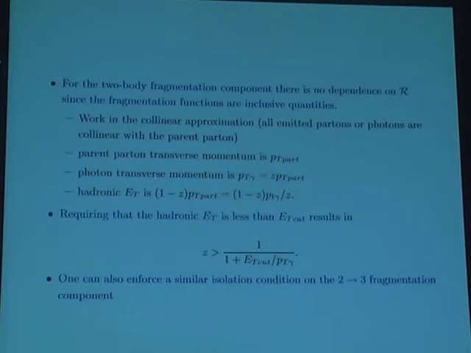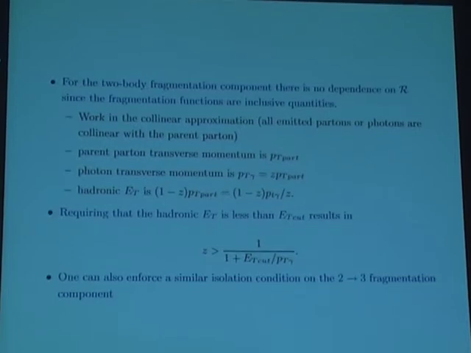I've outlined what you do here. The reason is that at the 2 to 2 level, when you're dealing with fragmentation functions, they are really inclusive quantities. They've had the angular information of the associated hadrons integrated out. That's similar to what you saw in the last lecture when we were integrating over x1 and x2 in order to get the total cross-section.